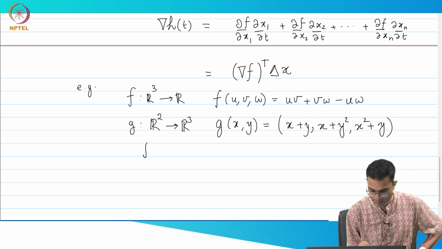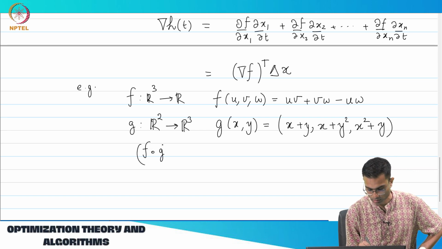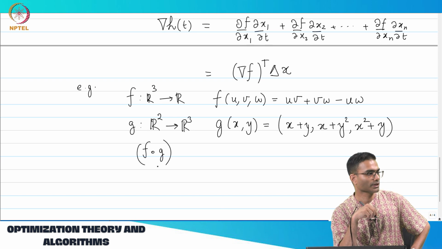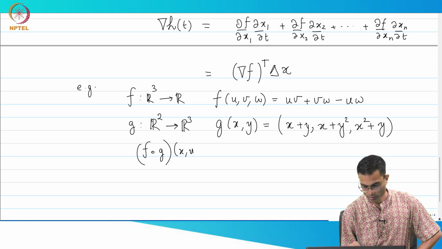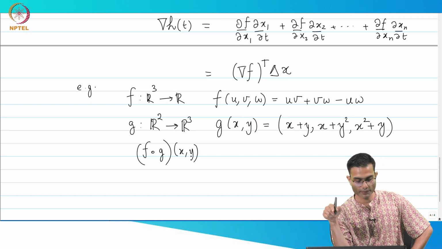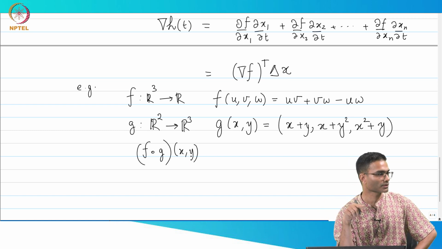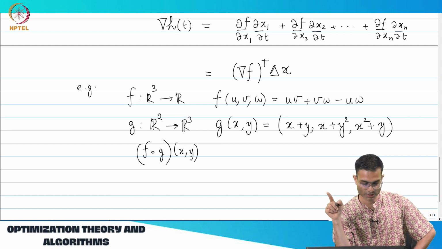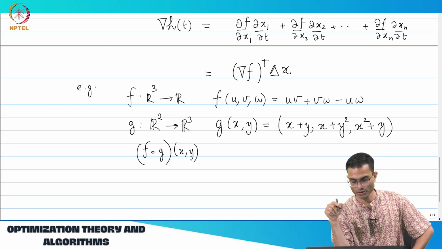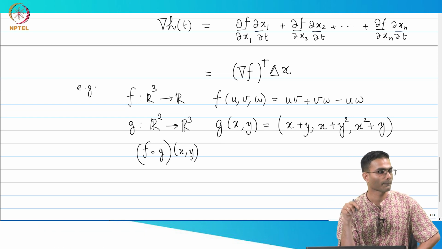And now the question is, if I compose this, f composed with g. G takes 2 variables, spits out 3 variables, f takes 3 variables, spits out 1 variable. So this f composed with g is going to be a function from where to where?